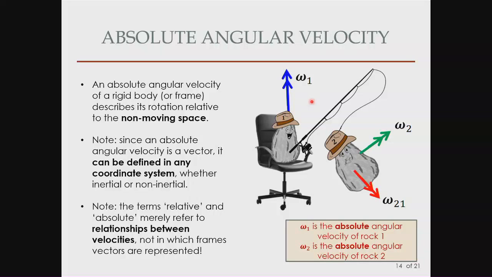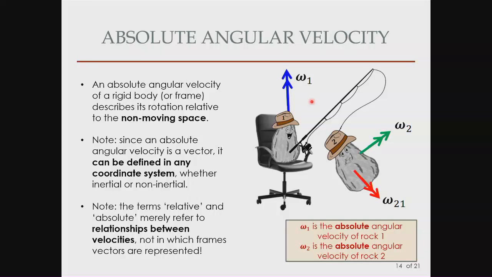Still, you can represent absolute angular velocities in any coordinate system, in any frame, because it is still a vector with direction and magnitude, just like any other vector. You can represent it in any frame you want. Are there any questions so far?